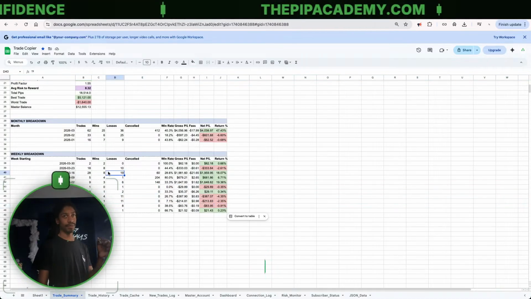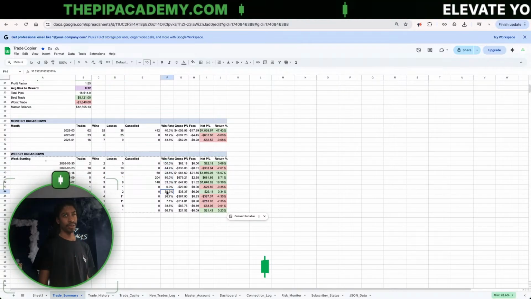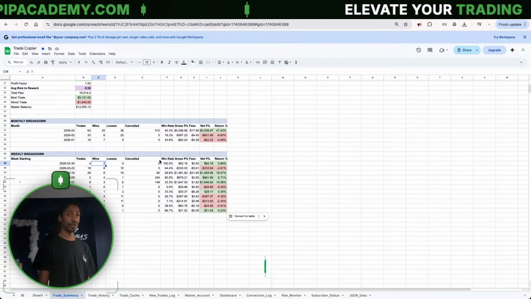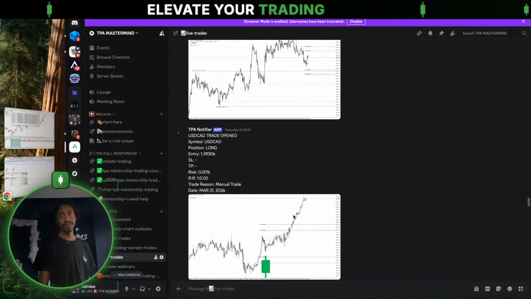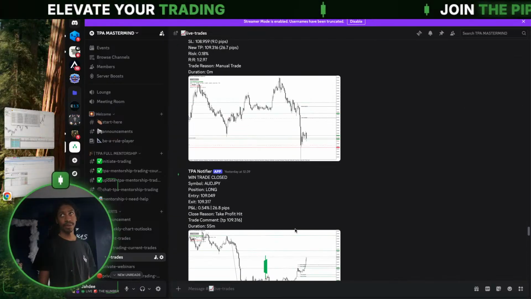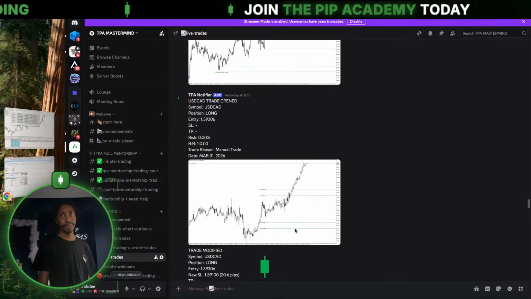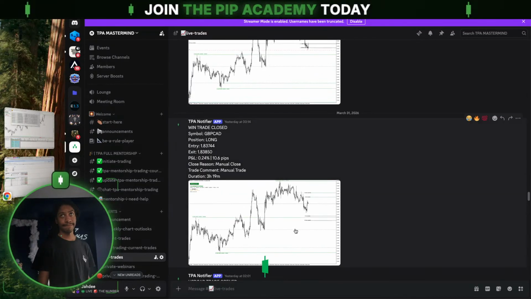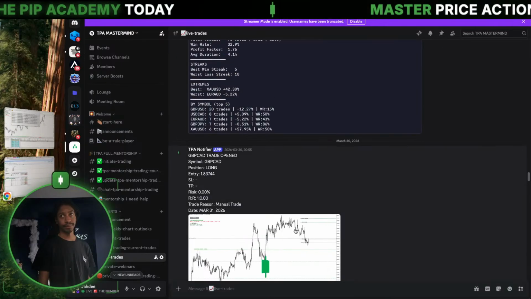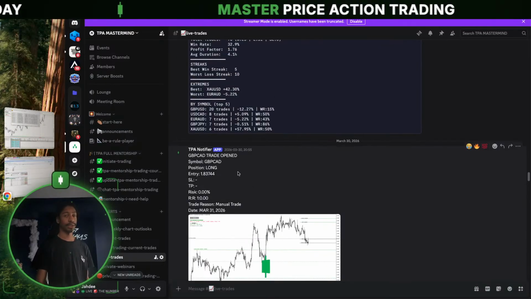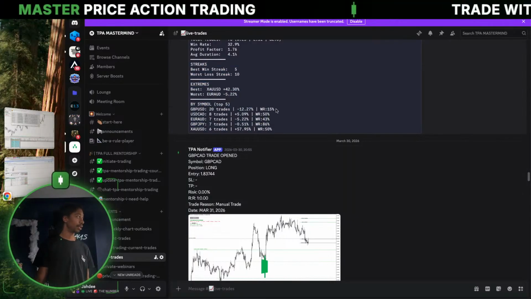You can see the amount of trades, the win rate. So far we have 2 trades. Let's see if I can identify them just so we can see from this week. March 30th, that's the beginning of the week. Yeah, because this is the weekend thing.